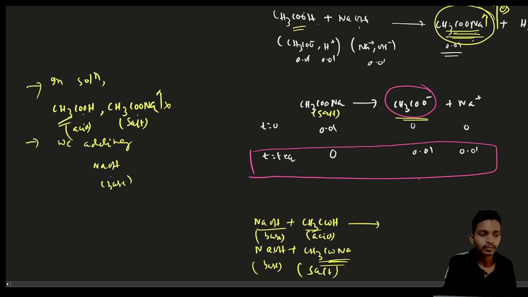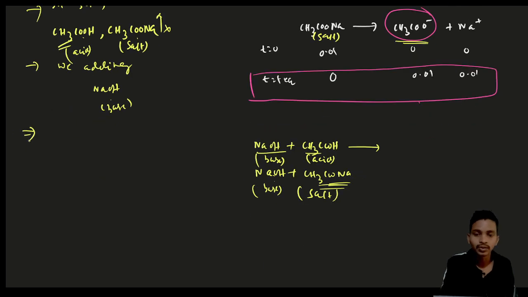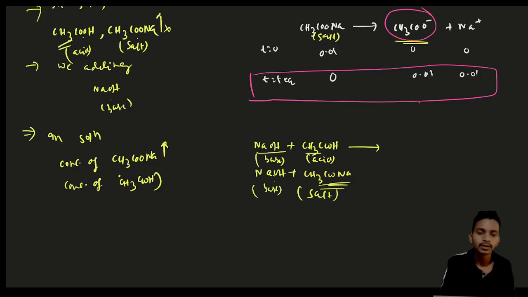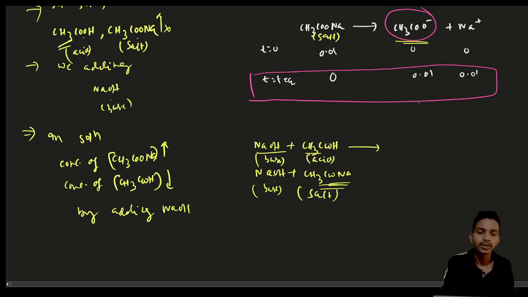So in the solution, the concentration of CH3COONa increases and the concentration of CH3COOH decreases by adding NaOH.